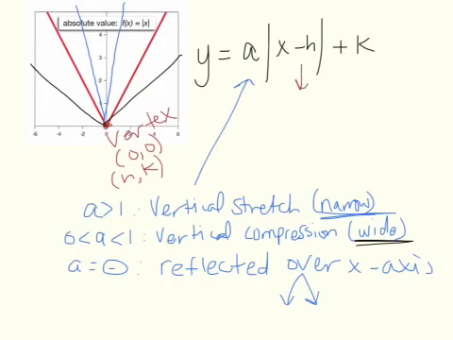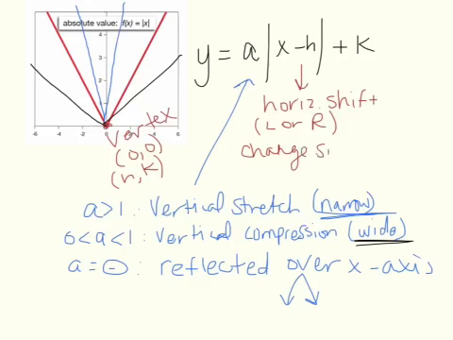The h tells us our horizontal shift, or how our vertex is going to move left or right. And the thing about the h is you always need to change the sign of your h. And we'll talk about that in a little bit. Okay, so the next thing we want to look at is the k, and our k is going to tell me my vertical shift.